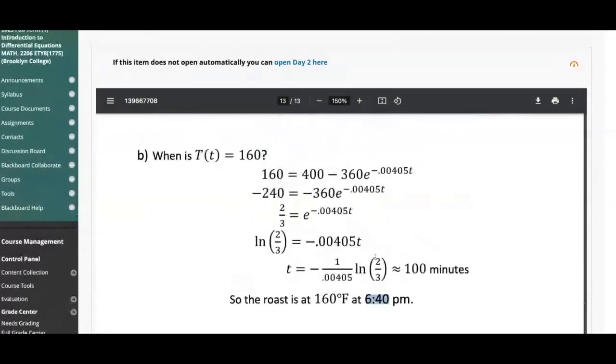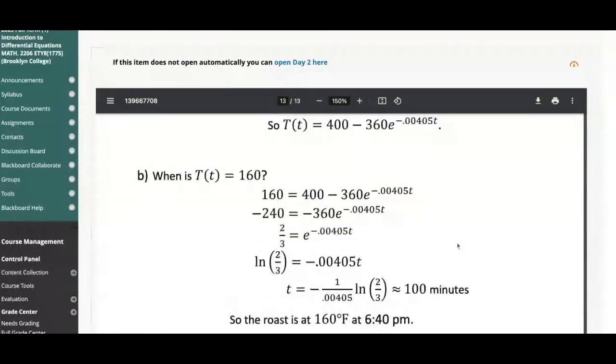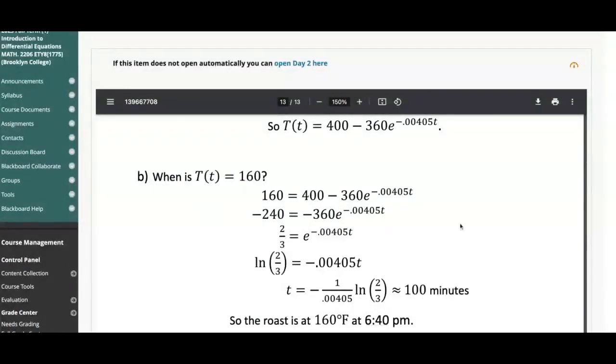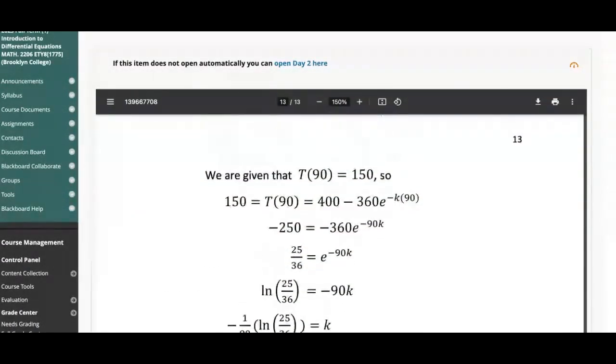Anyone has any question? Yes, David. This is more like an algebra question, but for part A, I don't understand why that ln needs to be negative.